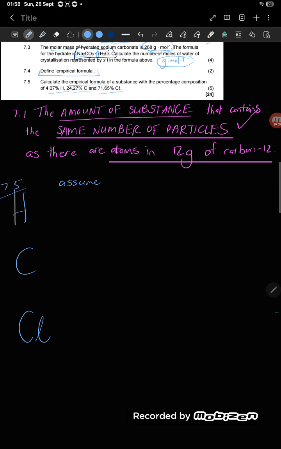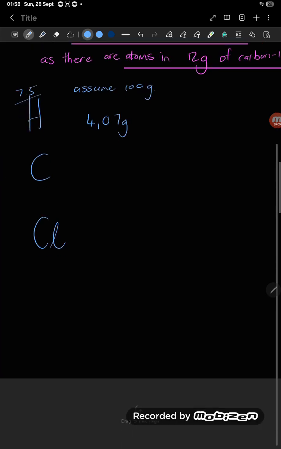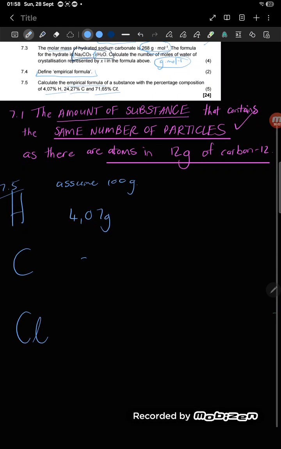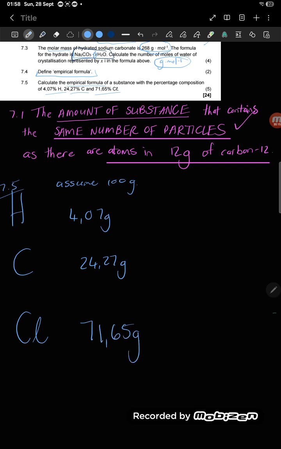This is 7.5. Assume 100 grams, which means hydrogen is going to be 4.07 grams, carbon is going to be 24.27 grams, and chlorine is going to be 71.65 grams.